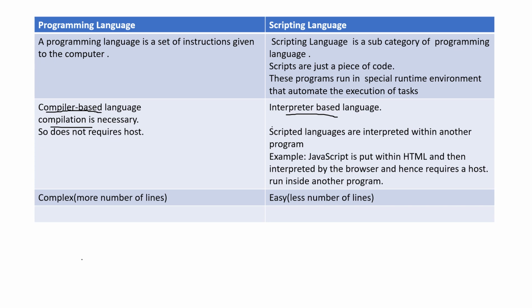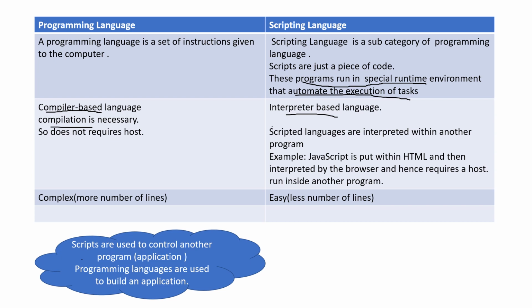So these scripting languages, since compilation is not needed, will directly be interpreted. So the program will run in a special runtime environment, and that will automate the execution of tasks. So in scripting language you need not compile the code, you can directly execute.